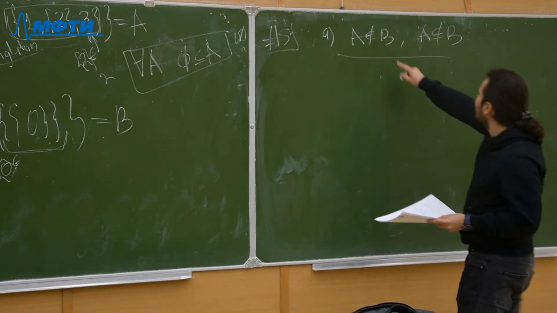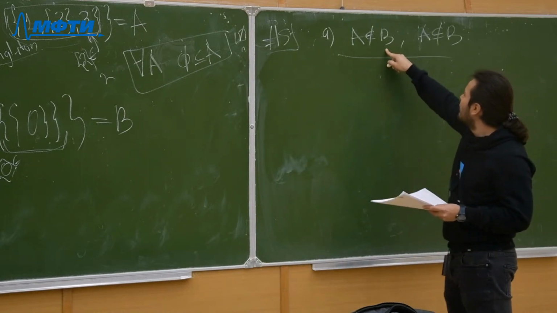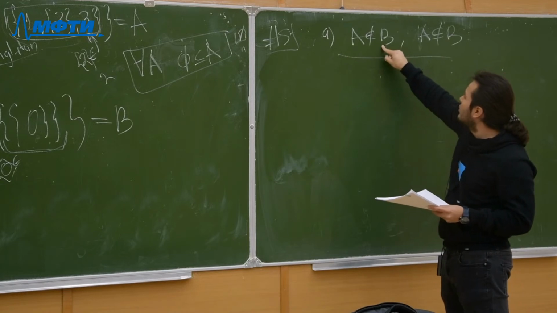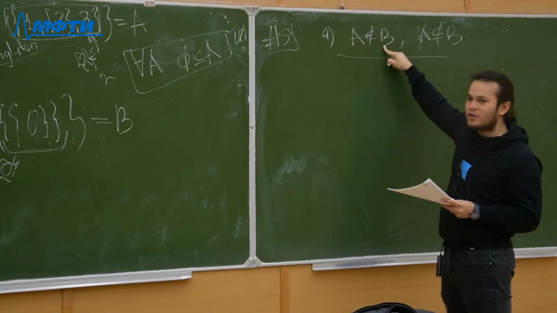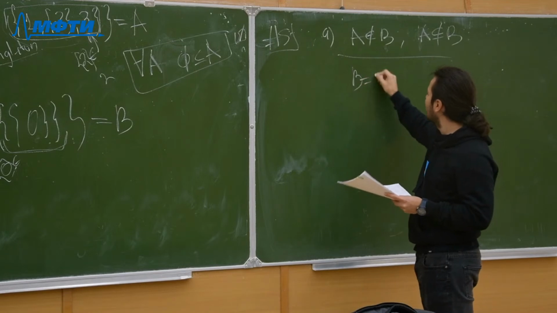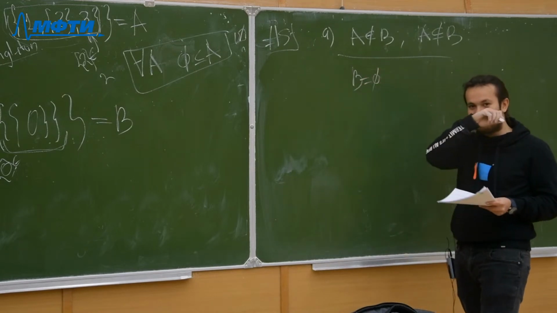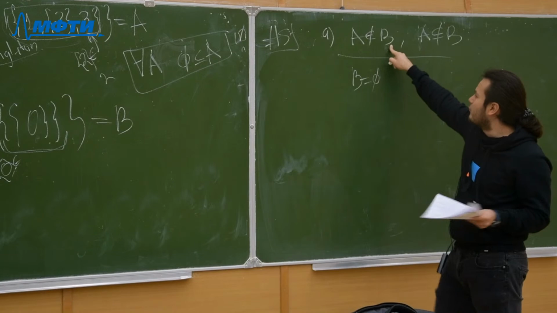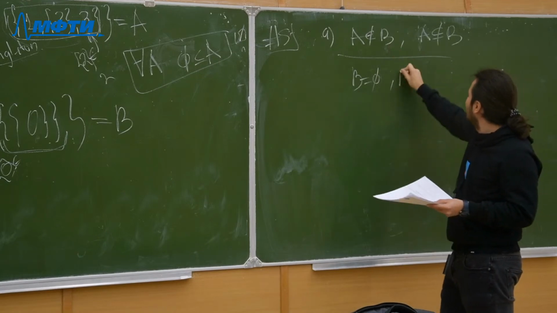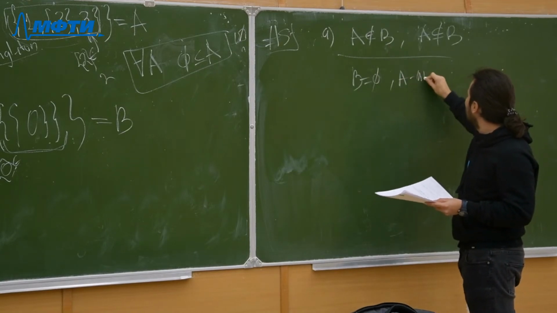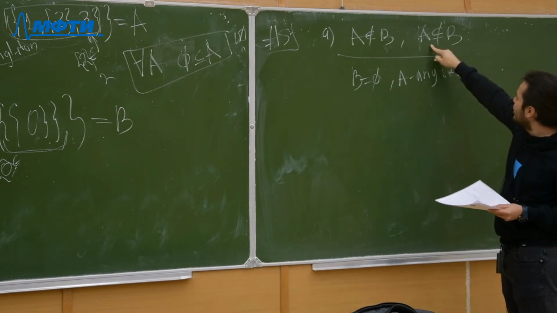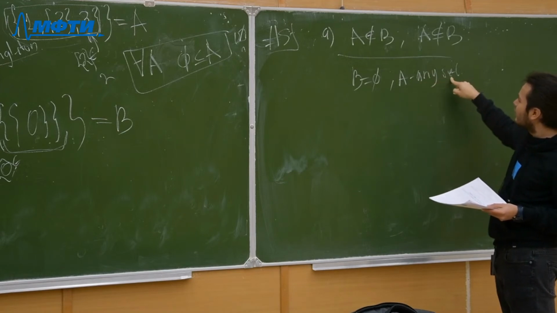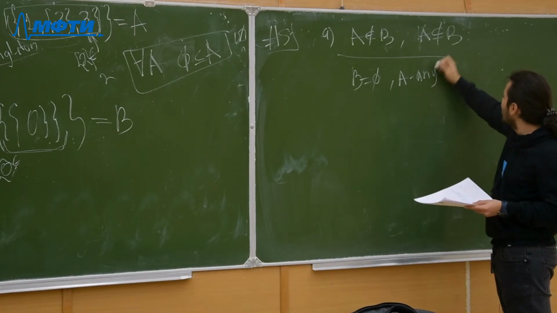So let's look at B. We have to find some set for which nothing is an element. So what if B is just the empty set, right? So this holds for any A. And this holds? Yes, of course, because any set, any non-empty set.